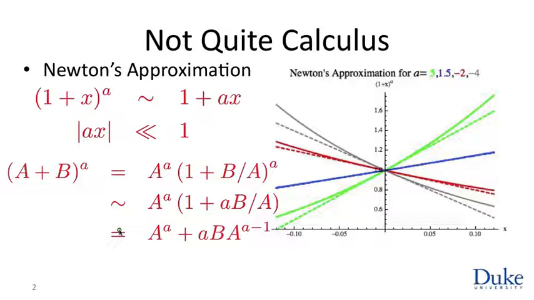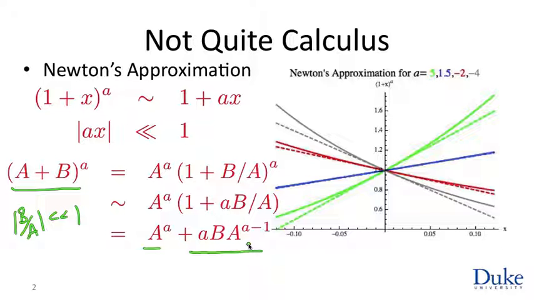The result is that I find A to the a plus this first deviation. This might be very handy for those who are not familiar or not comfortable with the algebra. This is the way we render the sum of a large and a small quantity. Remember, B was much smaller than A when we did this, amenable to the use of Newton's approximation.